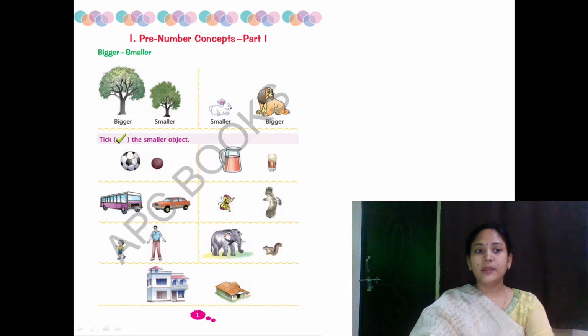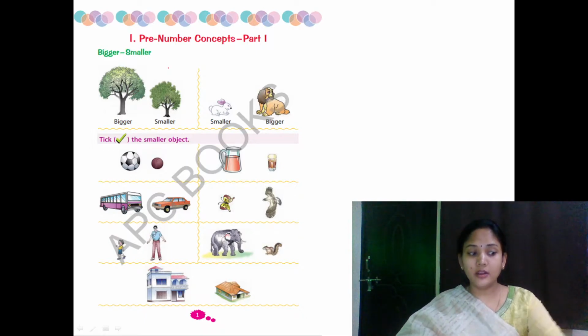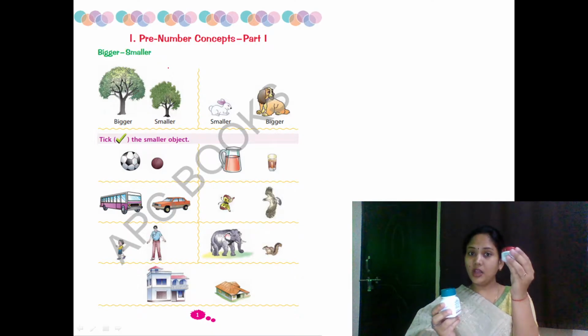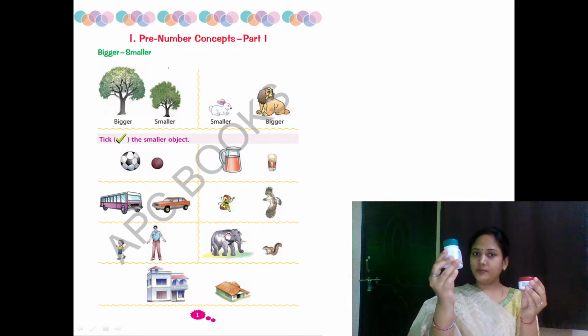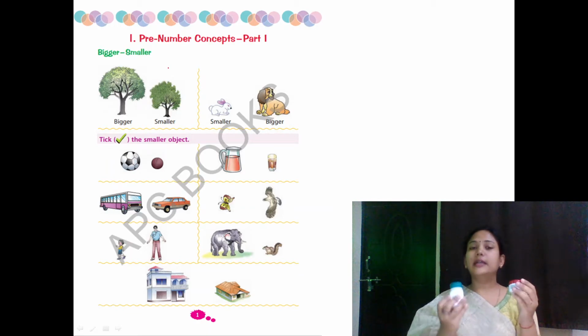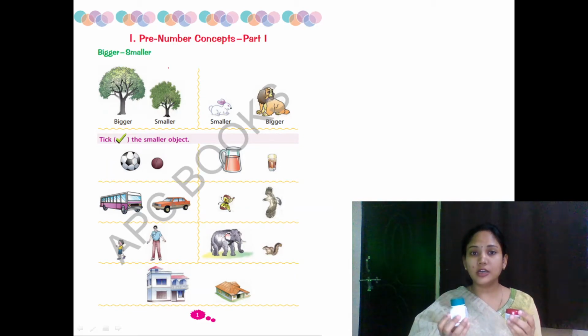Now here, bigger and smaller. You are already aware of what is bigger and smaller, है ना? बड़ा object bigger, smaller object smaller. Now children, we use the term bigger and smaller for size of an object.